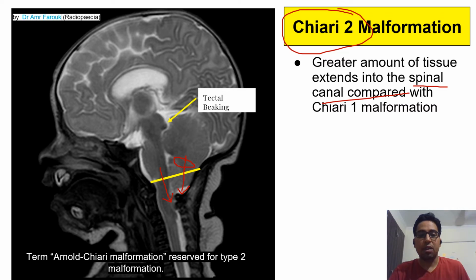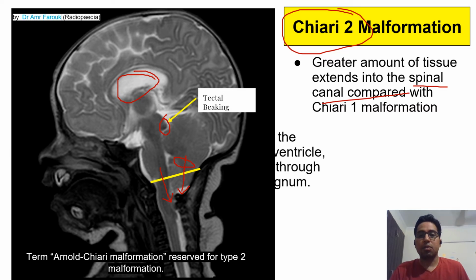So we have a very large amount of tissue which is coming down from the foramen magnum. And then you also see other changes like hydrocephalus, which is much more common than in Chiari 1 malformation. You have tectal beaking. You can see this is tectal beaking.